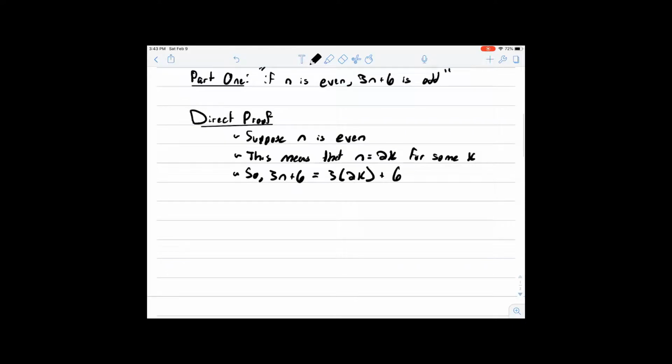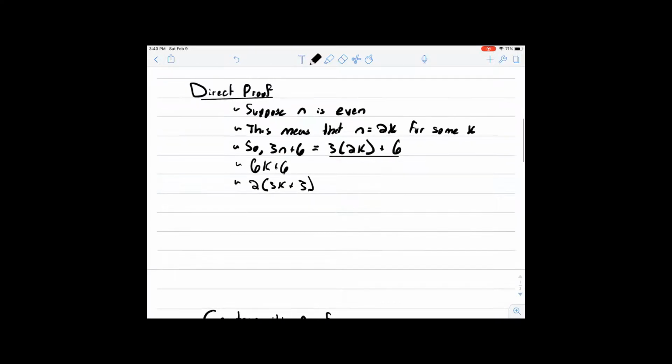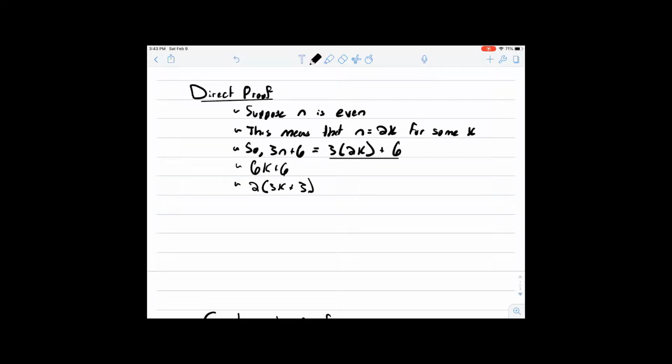And now, we're just going to do a little simplifying. So 3 times 2k plus 6 is actually equal to 6k plus 6. And 6k plus 6 can be written as 2 times 3k plus 3. Now, you might be noticing something, and that is that we have a 2 multiplied by some random expression, really.